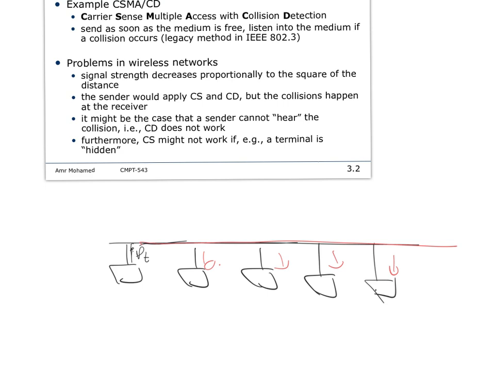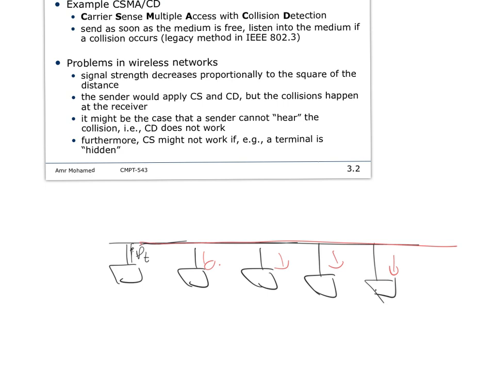If the power level on the line is 0, no node is transmitting. If the power level is P, one node is transmitting. If the power level is 2P or close to 2P, well, there is a collision. So here in wired, things are deterministic.